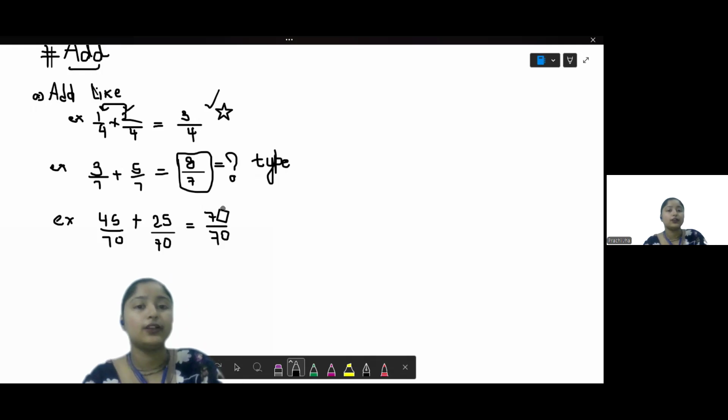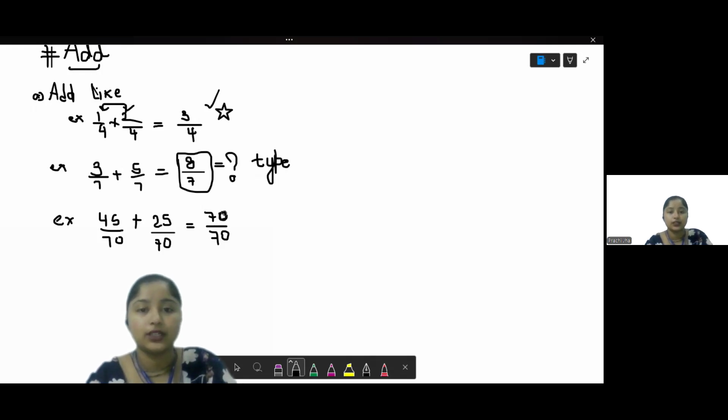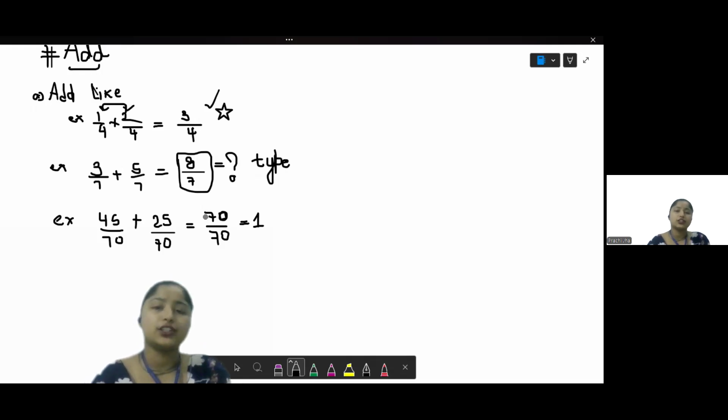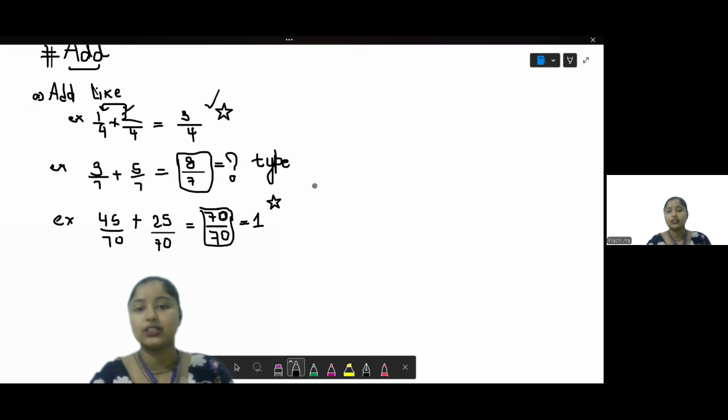And now, if you notice this, since it's 70 over 70, it can be written as 1 as well, right? But you don't need to write it as 1 because we are just doing the simple addition. So you can just write this as your final answer. That will be perfectly fine. So this is how we do the simple addition of like fractions.